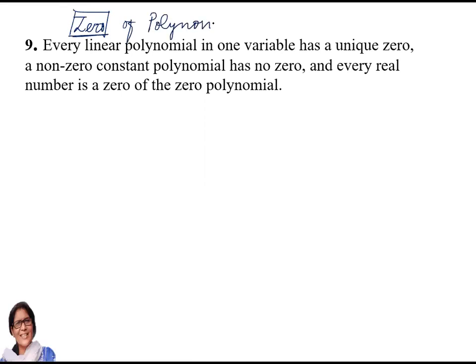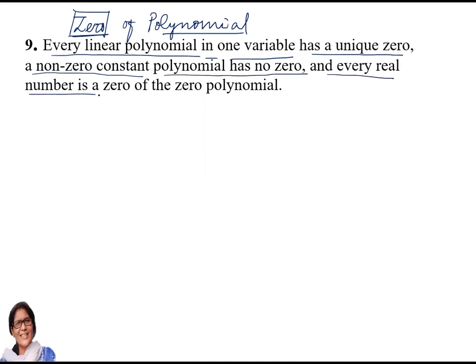This is another concept of polynomial. What is zero of the polynomial? Every linear polynomial in one variable has a unique zero. A non-zero constant polynomial has no zero, and every real number is a zero of the zero polynomial. Though it seems to be a complicated sentence, it is not that difficult to understand.